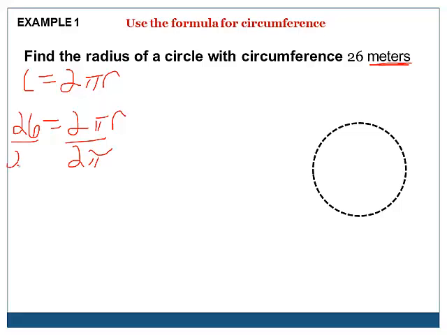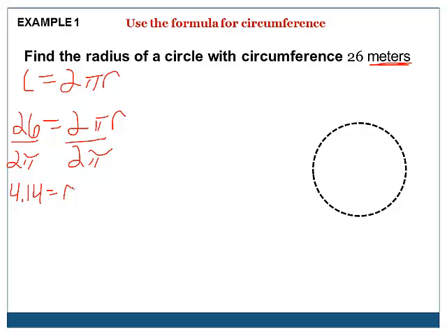It's important to note here that when you use pi, you can either use the pi character in your calculator, or you can use 3.14, but you need to remember that your answer might be a little bit different depending on the rounding. After we divide by 2 pi on each side, we get 4.14 is equal to the radius.